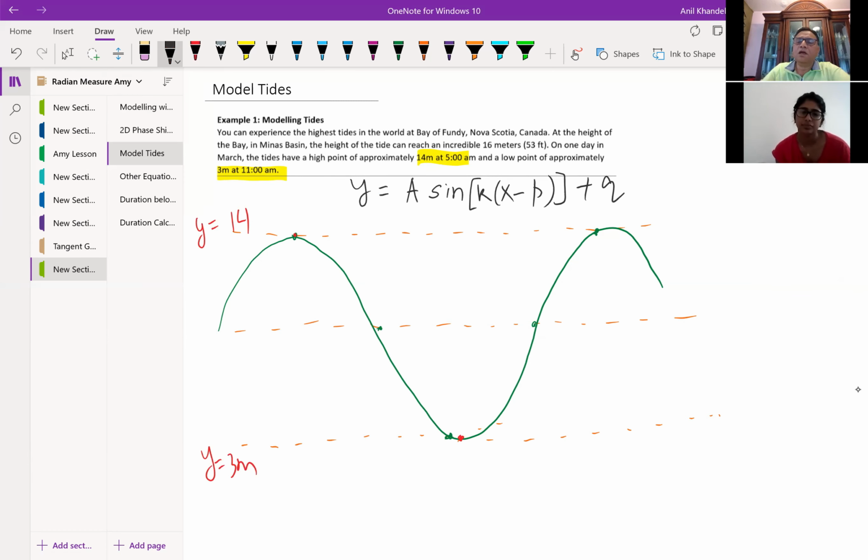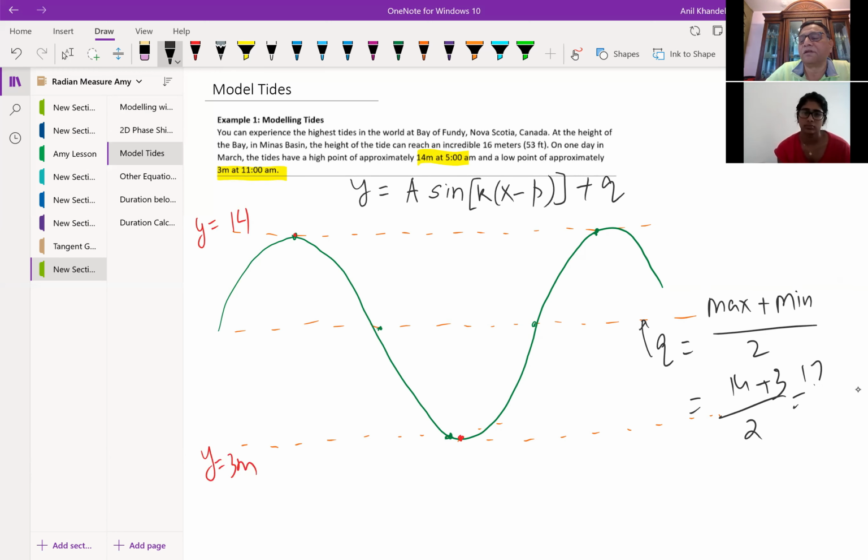Q is this middle line, right? So the average, the mean, Q, is equal to maximum plus minimum divided by 2. In this case, it is 14 plus 3 divided by 2, 17 divided by 2, which is 8.5.